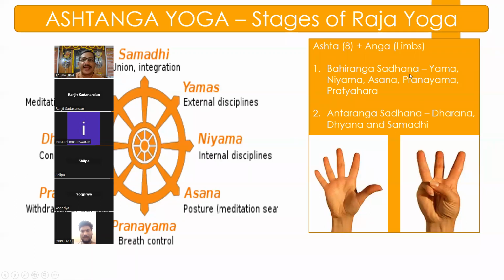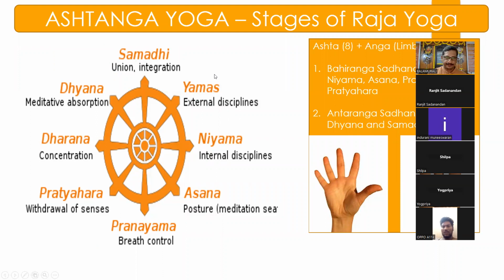These 5 are called bahiranga sadhana. That means it is external to yourself, not internal. The 3, dharana, dhyana, samadhi, are internal, focused inward, not outward. These are called antaranga sadhana. And the first 5 are called bahiranga sadhana.